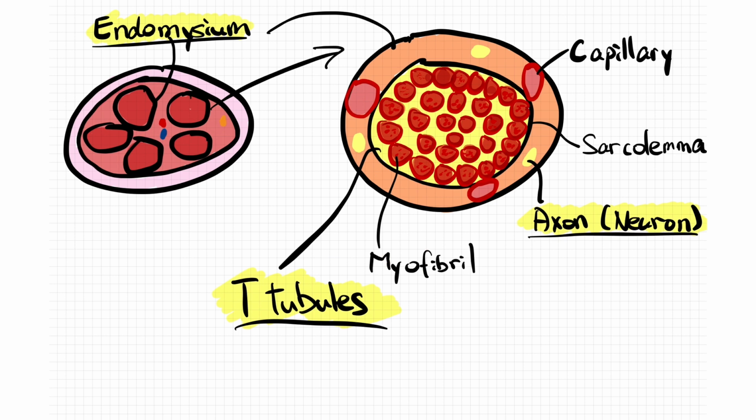Now let's enlarge the scale even more and look at an individual muscle fiber. Again, the endomysium contains capillaries and nerve endings that supply nutrients and signals to each individual muscle fiber. And within the endomysium, there is a layer called the sarcolemma.